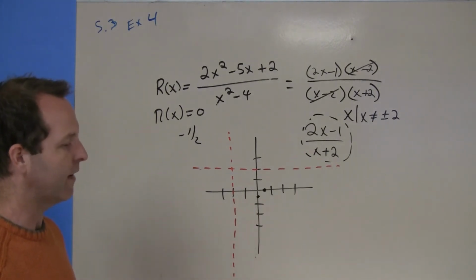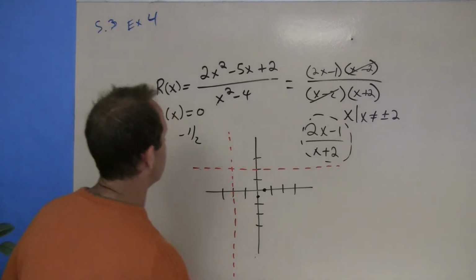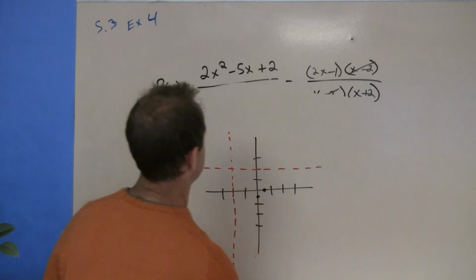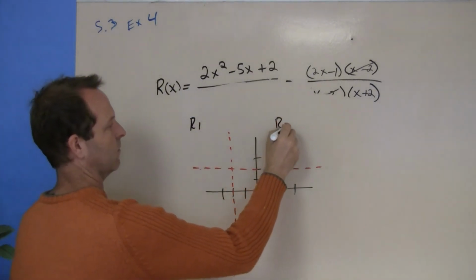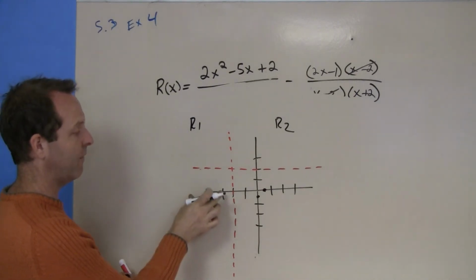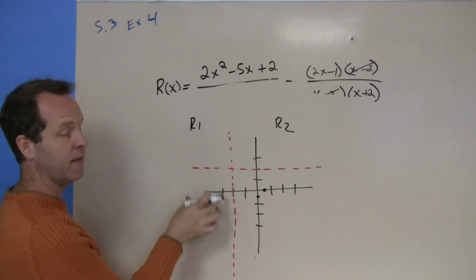Well, now I have enough information to graph this function. I'm going to look at region 1 and region 2. I have an idea in region 1 what the graph is doing. There are no x solutions over here, so I can't have any graph underneath this asymptote.